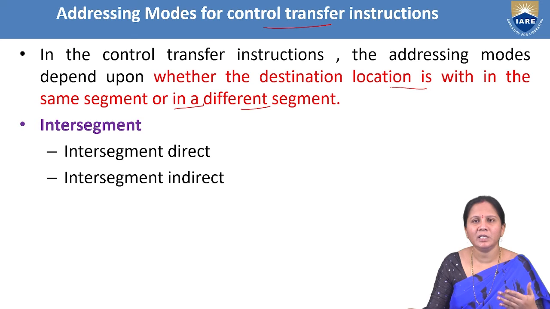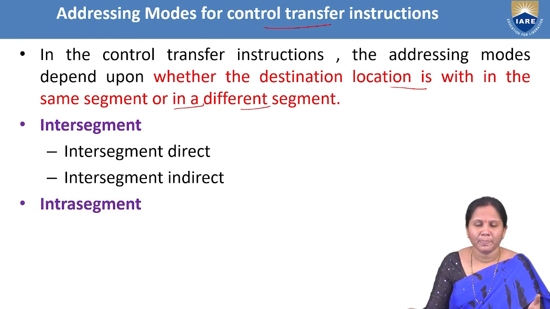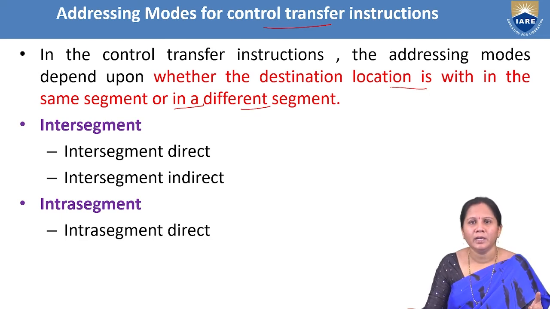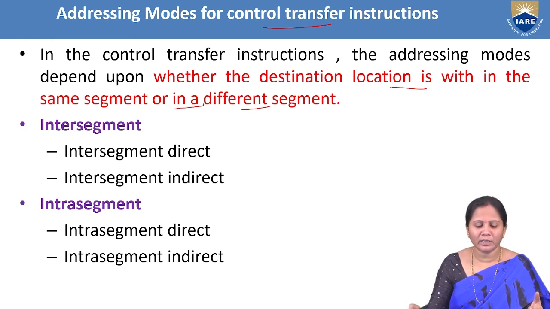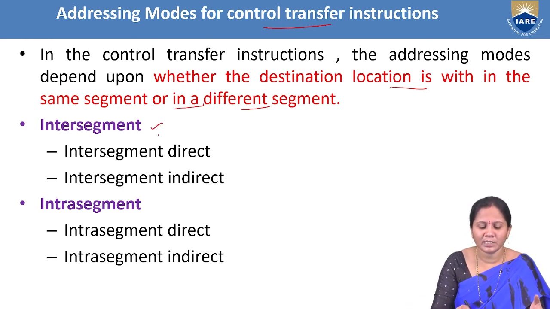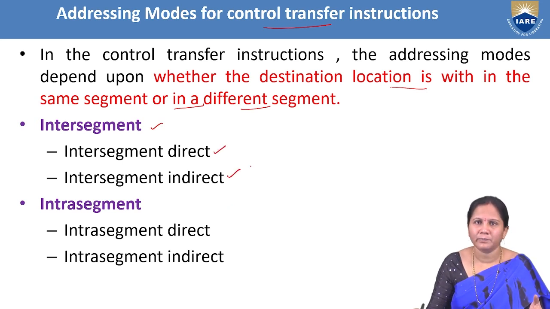If it is indicated indirectly, like keeping it in some register, it comes under intersegment indirect addressing mode. And the next classification is intrasegment. Intrasegment means within the segment. Again, this intrasegment is classified into intrasegment direct and intrasegment indirect. Now, first we will discuss intersegment direct and then we will go for indirect.